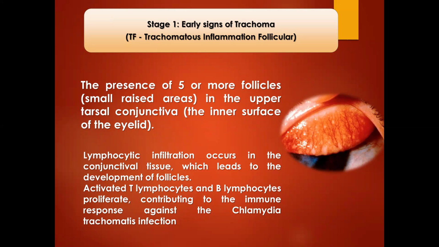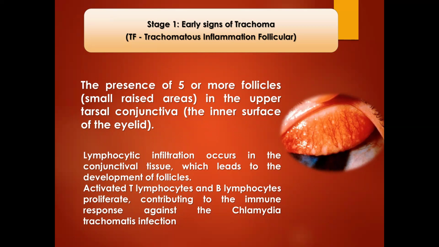Follicles are small raised areas that make the person feel that something is under the eyelid in the upper tarsal conjunctiva. Look at this, it is known as the tarsal conjunctiva. You know, because this is the inner part of the eyelid that usually closes the eye.